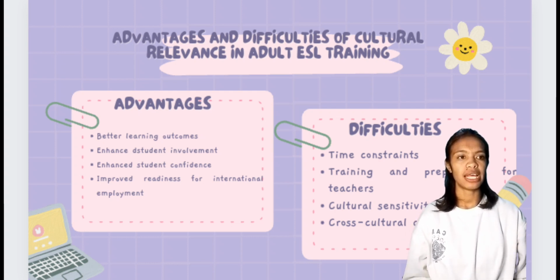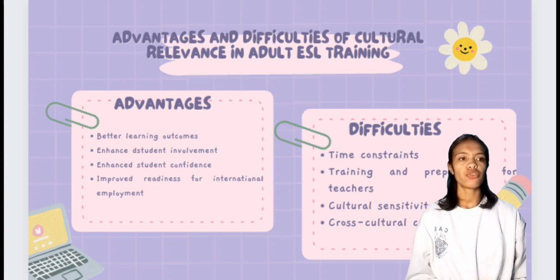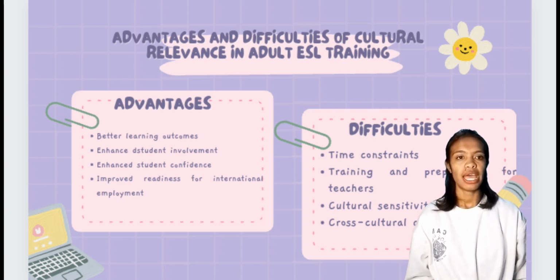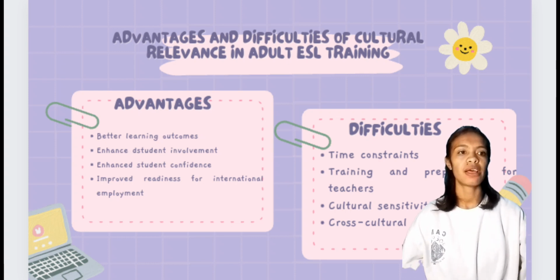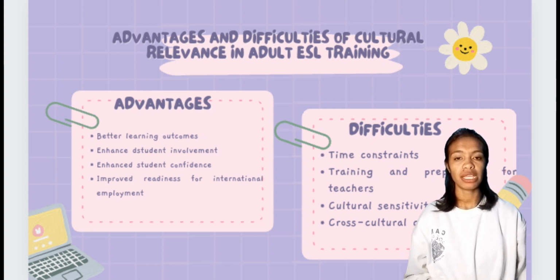Educators can establish a more inclusive and supportive learning environment that promotes improved learning outcomes, increases students' engagement and confidence, and better prepares them for global careers by taking the time to understand and address the unique needs of learners with diverse cultural backgrounds.